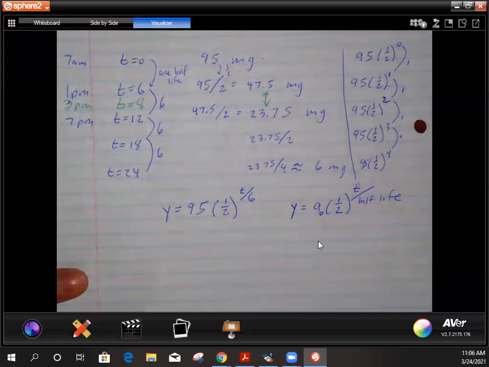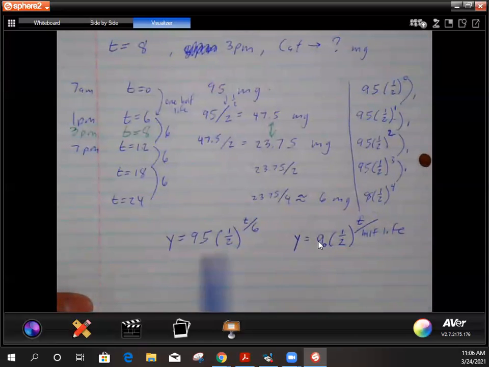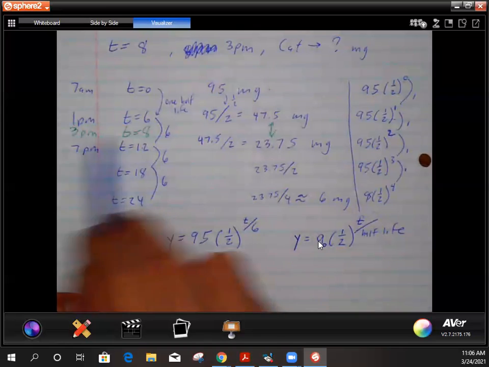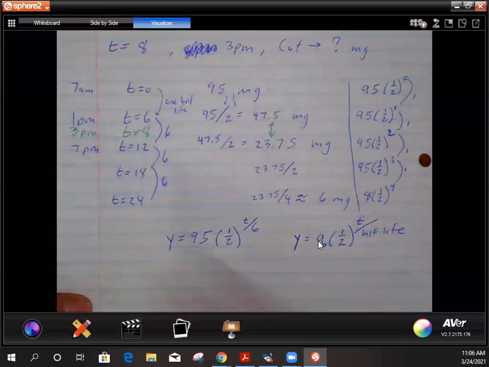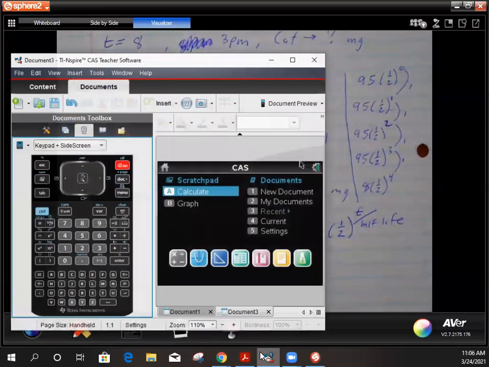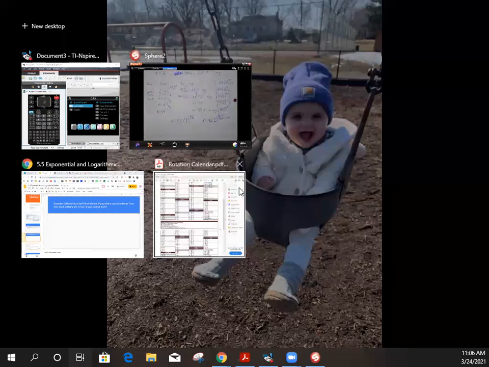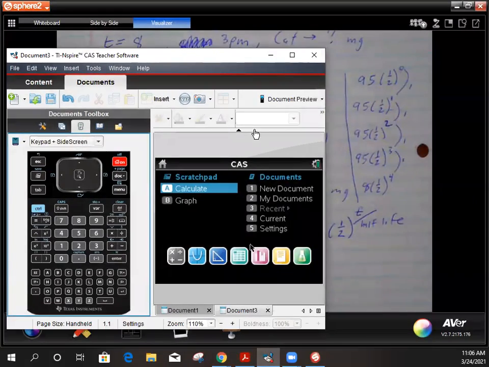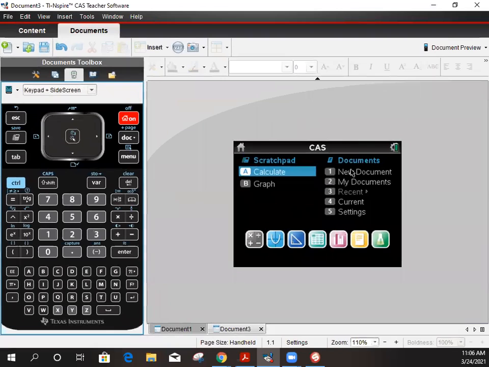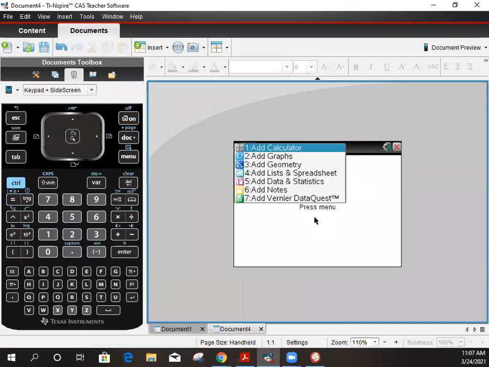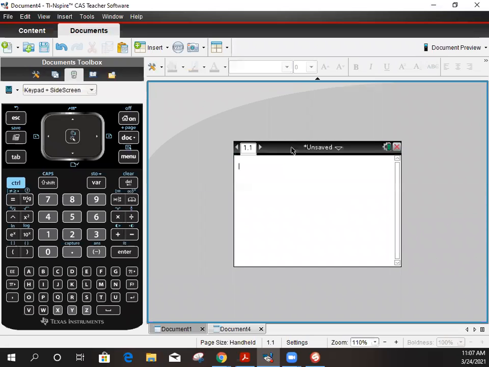All right, so now we can use this model to figure out how much caffeine is in the body after 8 hours. So we'll just pull up our calculator, new calculator. So we got 95 times 1/2 to the, since it was 8 hours at 3 p.m., to the 8 over 6 power.